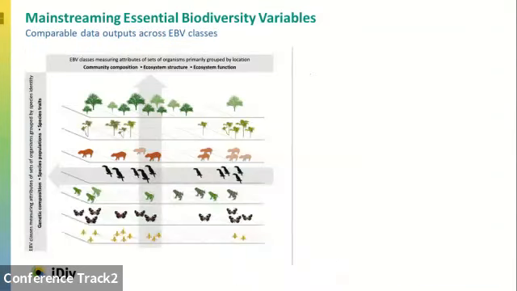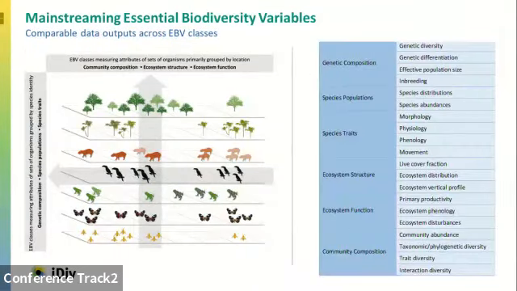So the big complexity we have here is that we are in reality addressing many different dimensions of biodiversity, and we are trying to bring the data on those different dimensions together in a consistent way. We can look at biodiversity in two main ways.